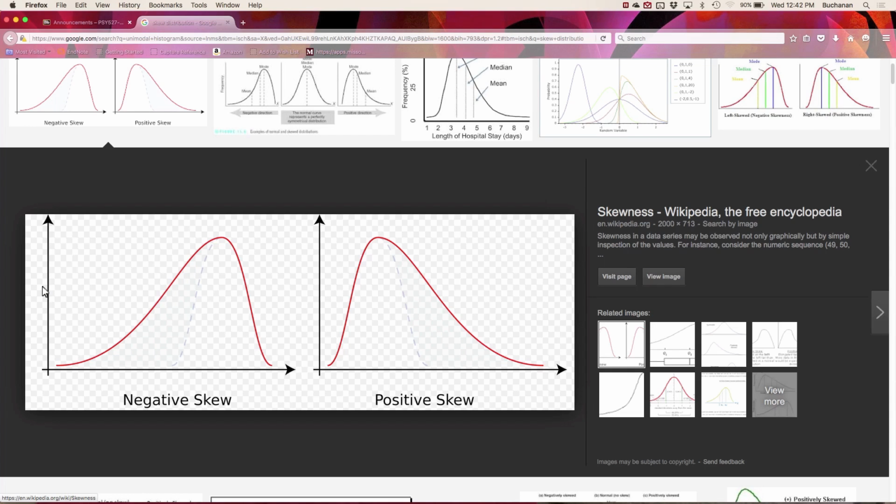So the tail is the problem, it's where the data isn't. So this is a negative skew. You would expect this to be positive because it leans to the positive side, but it's backwards. Negative skew has more data on the positive end and none on the low end. Positive skew, more data on the bottom, not enough data on the top. That's where the data is missing. I saw this in an intro book once, with a little kitty cat head on it, and it's wherever the tail is.